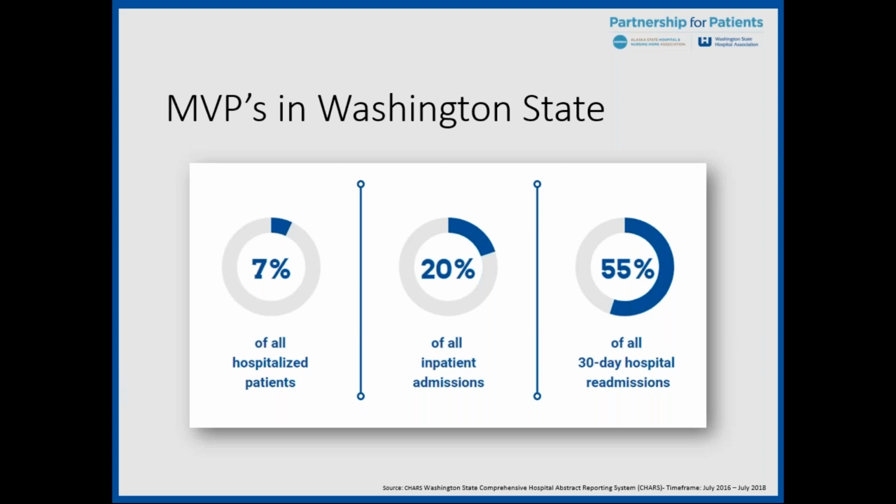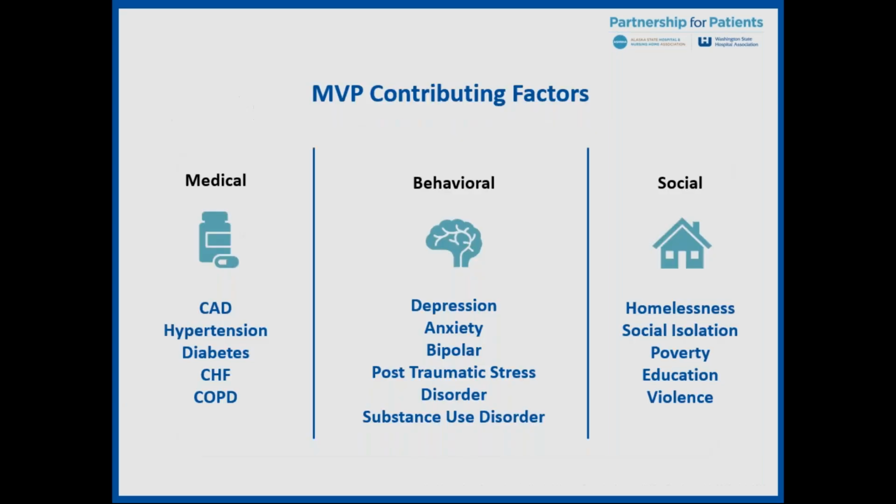And so for that reason, this is one of WISH's major readmission strategies. This slide outlines the contributing factors that can lead to somebody having that higher utilization. Most multi-visit patients have co-occurring medical, behavioral, and or social needs.